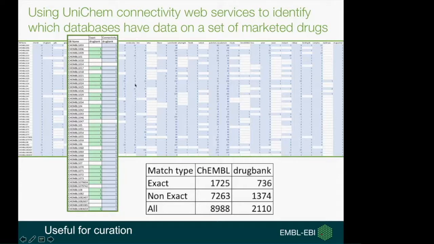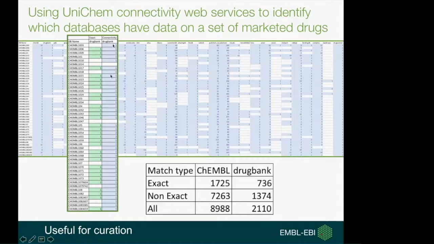So just to pull an example out of this, you can see a comparison here for this list of molecules in ChEMBL, and whether we have an exact match to a structure in DrugBank or a connectivity match.